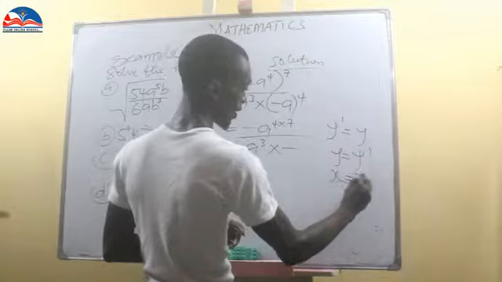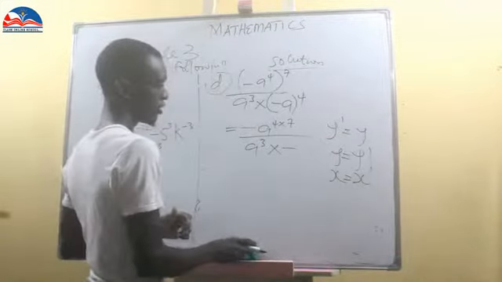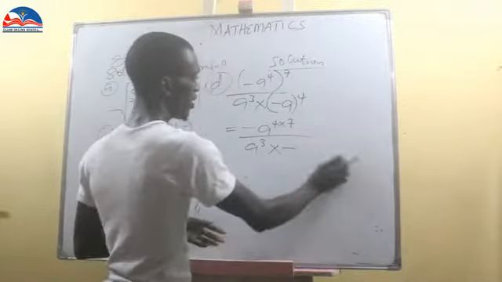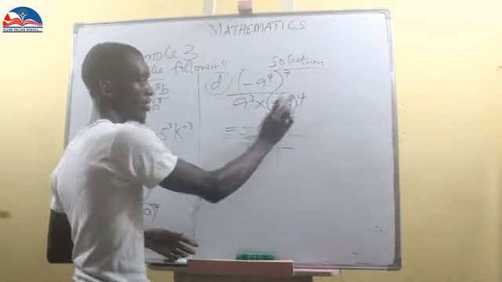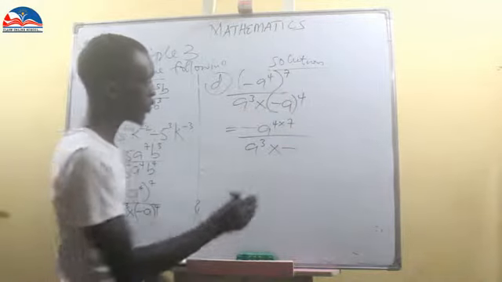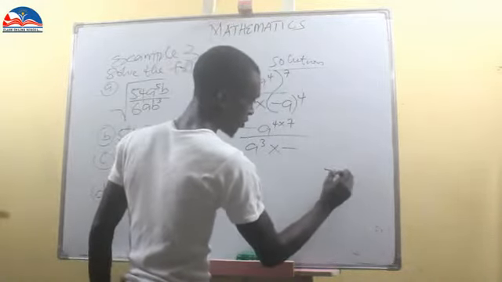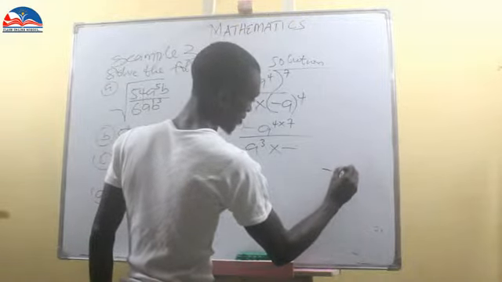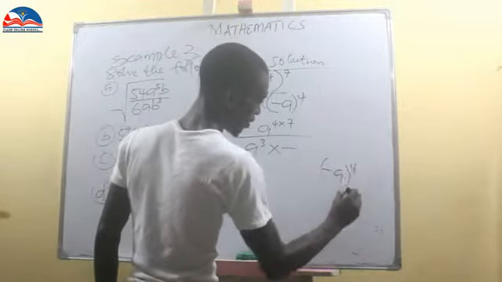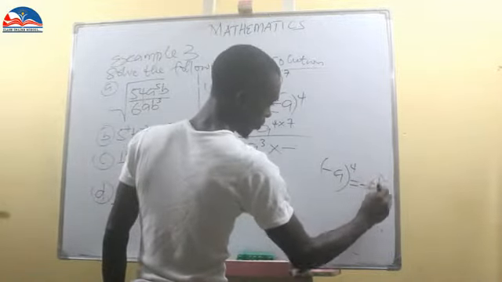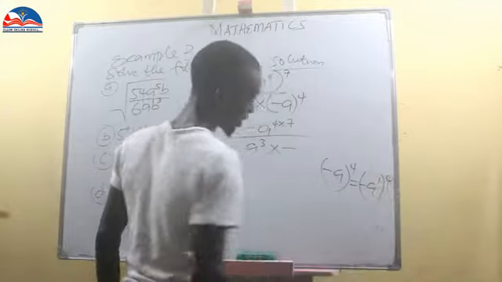X is equal to X index 1. Same thing. So it means that A here is indexed to 1. So we are going to have that minus A in bracket index 4 is the same thing as minus A index 1, index 4.